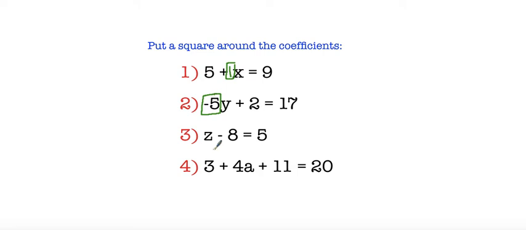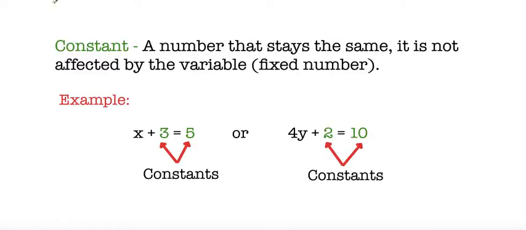Here I have z minus 8 is equal to 5. So remember that that's 1z. And then finally I have 3 plus 4a plus 11 is equal to 20. And our coefficient is positive 4 because there's a positive 4 in front of the a.